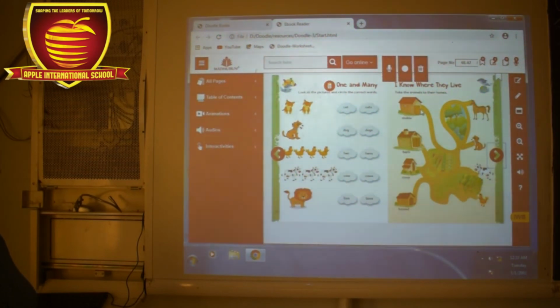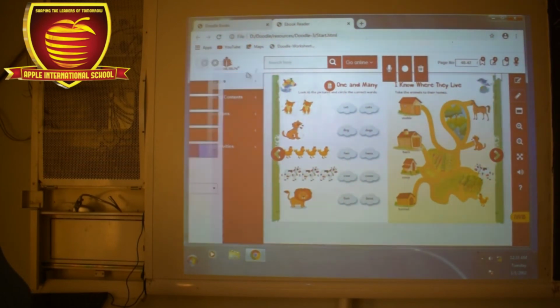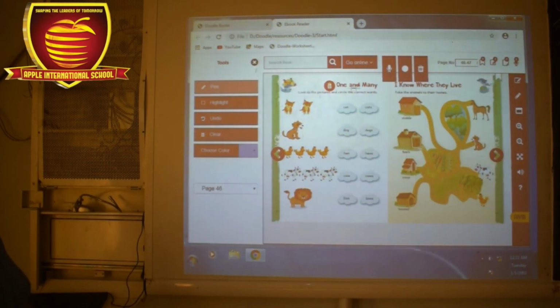Horse, HORSE, horse. Horse lives in a stable.